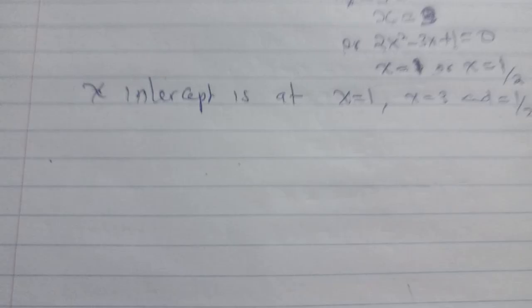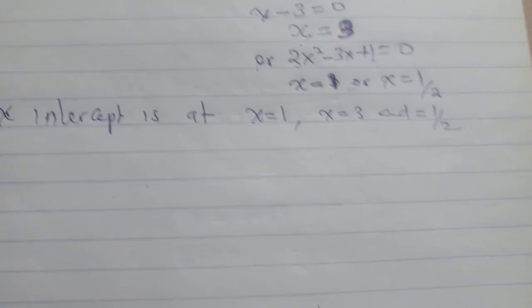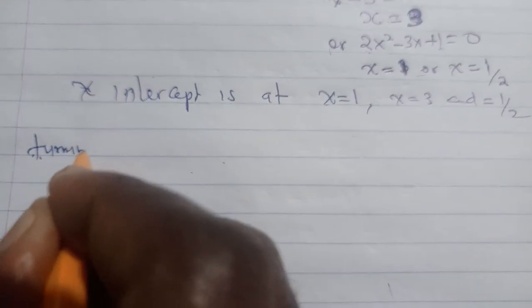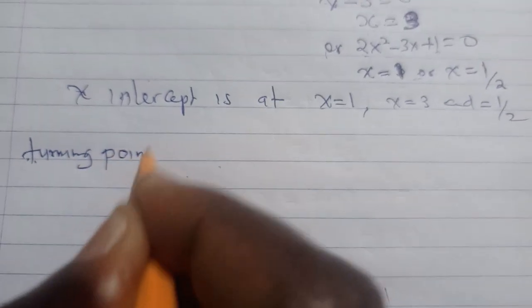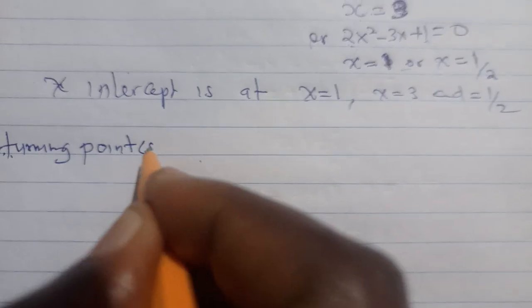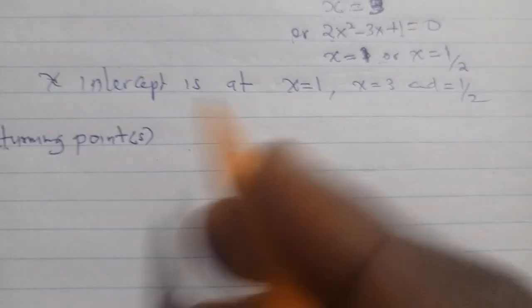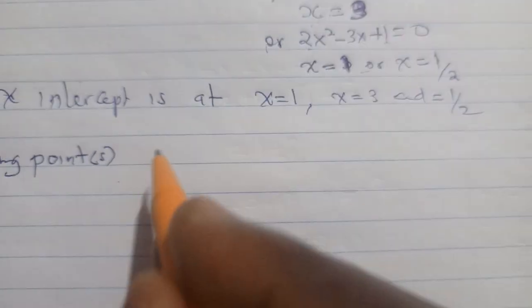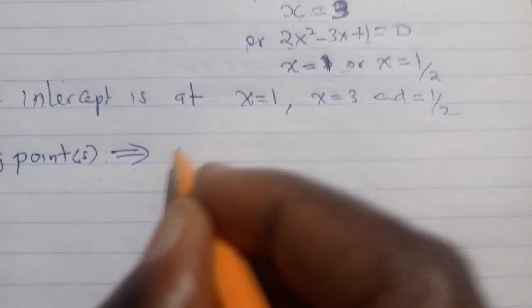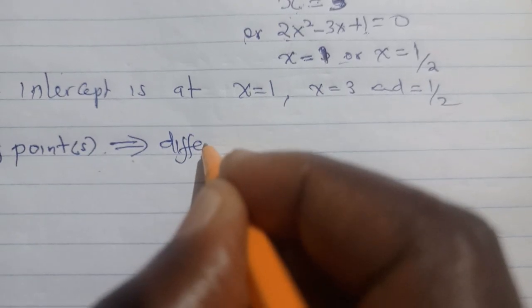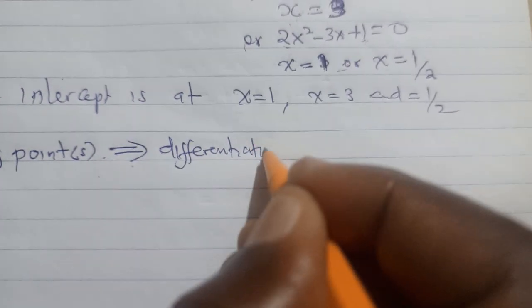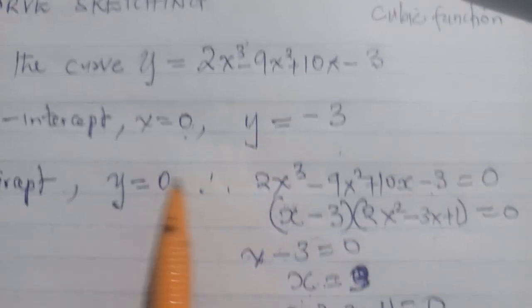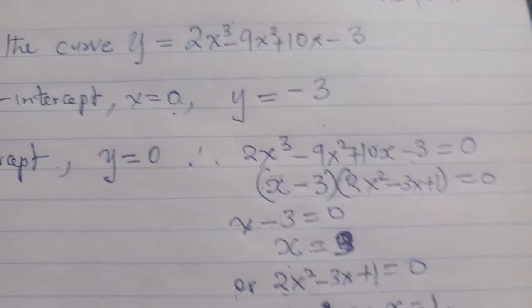Again, if you remember, the next thing that we now need to know is the turning point, or points, if there are more, that will depend on the outcome of our calculation. To get the turning point, we carry out differentiation of the function that you have here. So we'll use differentiation, that's in calculus.